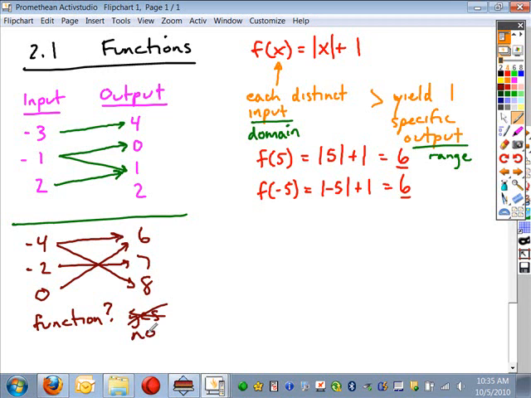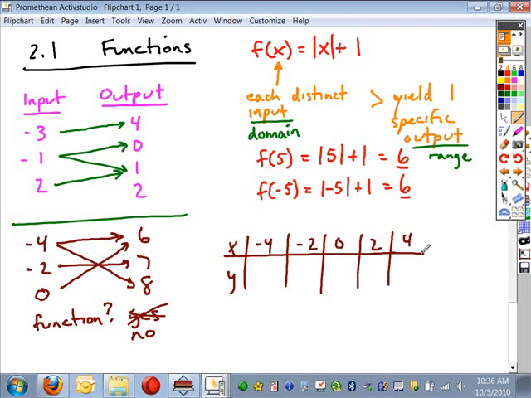Let's look at a table of values. So you might see functions represented with the input-output. And when you look at a table of values, so let's say a set of x and y coordinates that correspond to a set of values along the y-axis.